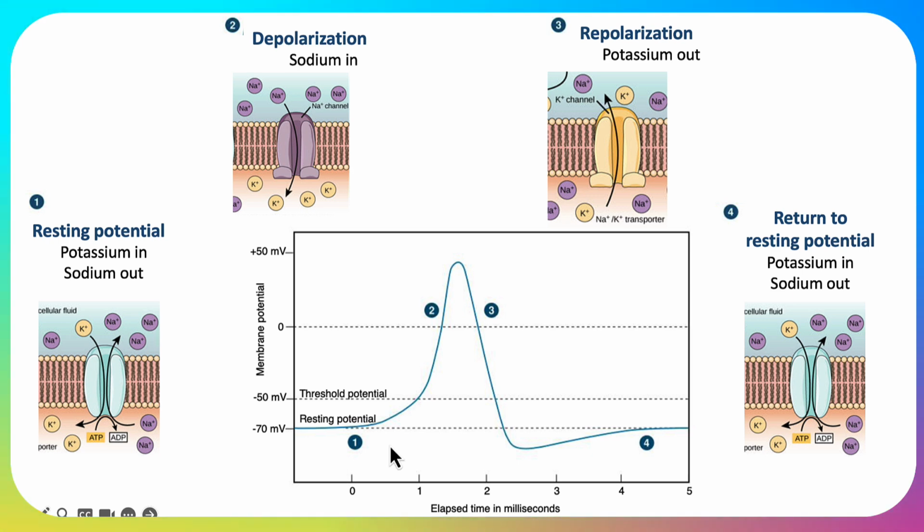To set up this resting potential, which is negative, it does that by creating two concentration gradients that are going to be used later. So using ATP, so this is an active process, the potassium molecules are pumped inside the axon, and sodium is pumped out.